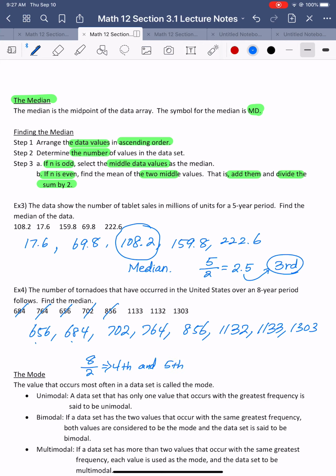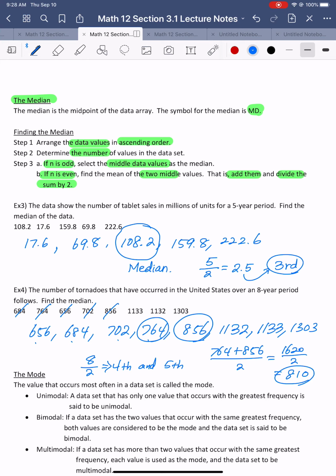So first, second, third, fourth, and fifth, you have to use these two numbers, which means add them up and divide by 2. When you do that, you get 1620, and divided by 2, it's going to be 810. So that's the median for this data.